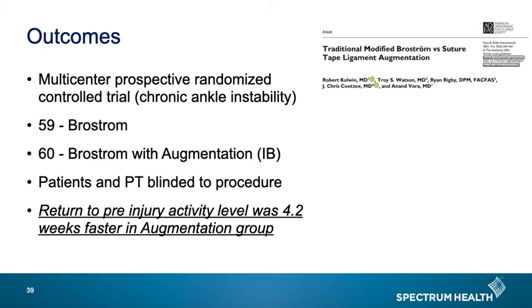Both the patients and their therapists were blinded as to what procedure they had, and what they found is that the augmented Broströms returned to pre-injury level 4.2 weeks faster. And so this allowed them to return to their sport and their activity sooner than the Broström alone. And this does make sense. If you augment it, you're going to have a patient that can resume their activity sooner than if you do not.